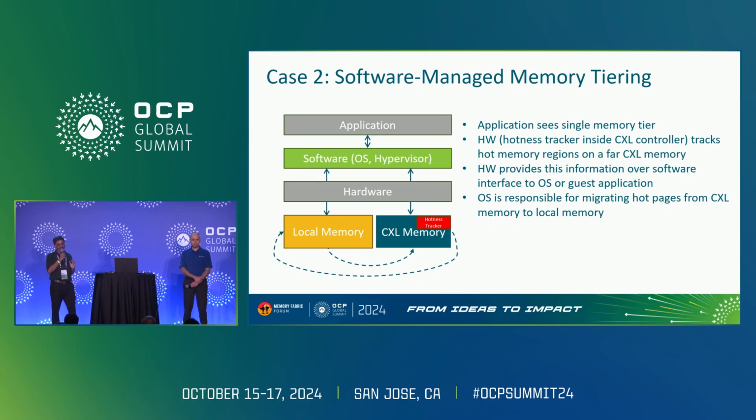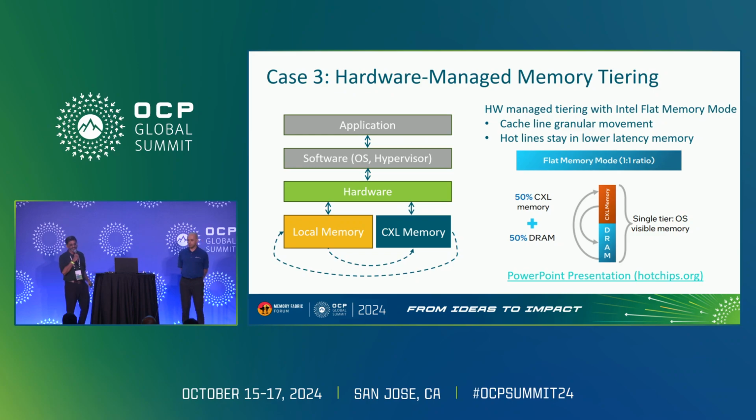And then there is a software interface with the OS through the hardware, of course. And then the OS looks at those and it moves pages which happen to be very hot inside the CXL memory to your local memory, right? So it is managed by software. You don't have to change your application. So for example, if you're running on an infrastructure and you don't want to change your code, then you can go with the second approach.